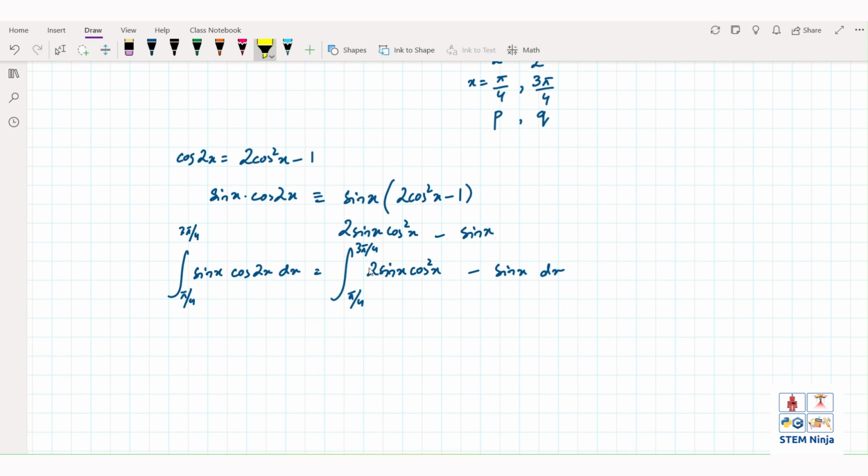Now for this part, we will need to do the integration by substitution. And when we do that, we will inevitably be converting the limits also. Technically, we only need that for this part so we can separate these out also.